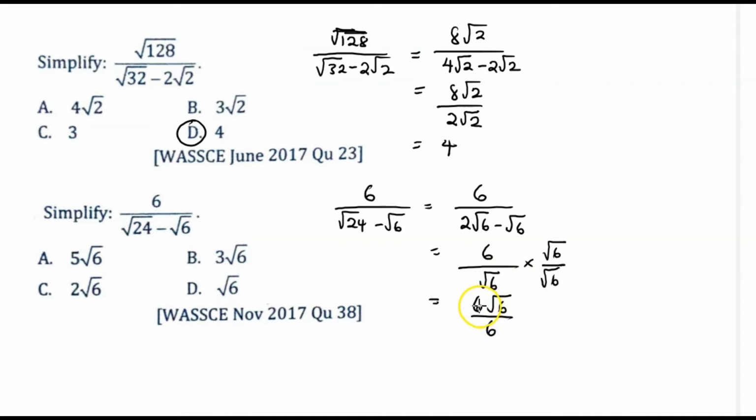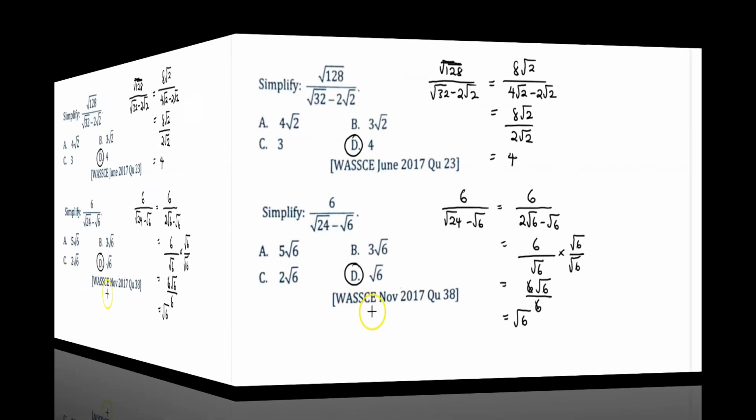But the coefficient of root 6, which is 6, can go into the denominator 6, and that will give us an answer of root 6 left. So when you simplify 6 all on root of 24 minus root 6, you get an answer of root 6, which is possible answer D.